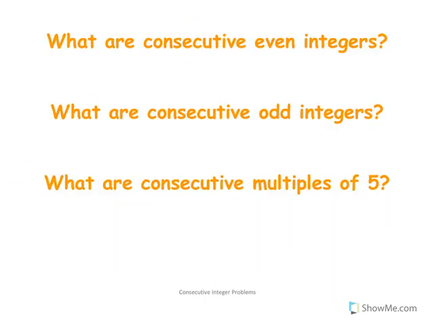All right, let's talk about some other things. If we know what consecutive integers are, and hopefully we know what even integers are, consecutive even integers, right? So like 6, 8, 10, 12, maybe like -10, -8, -6. And what are consecutive odd integers?